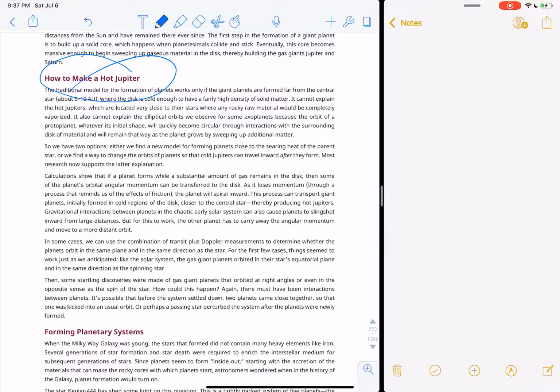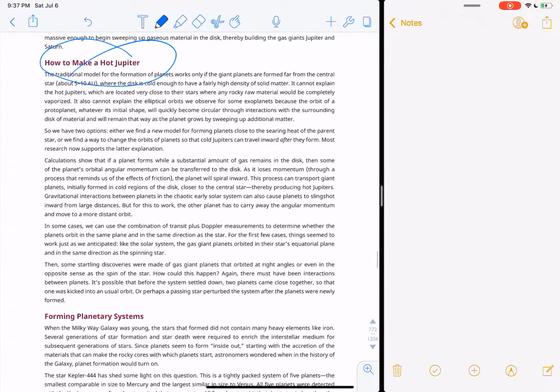So how to make a hot Jupiter. Hot Jupiters are very close to their stars, where you would think they'd be too close and should evaporate, and you can't explain that.